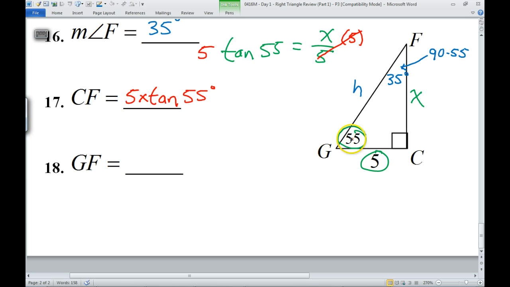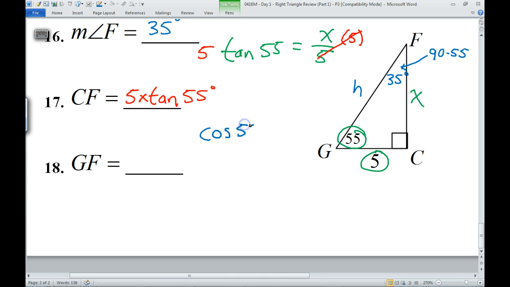So, let's just use the 55 and the 5. So, using the 55 and the 5, 5 is adjacent and H is the hypotenuse. Adjacent and hypotenuse. So which trig function is that? Hopefully you were thinking cosine.